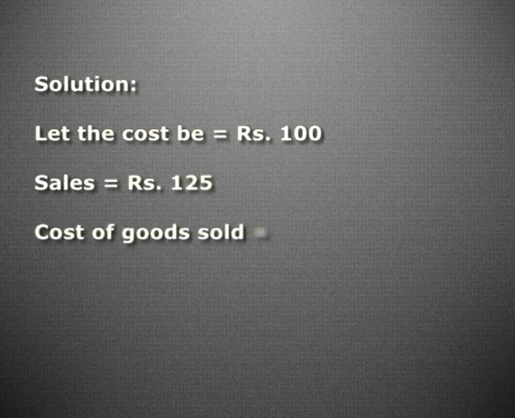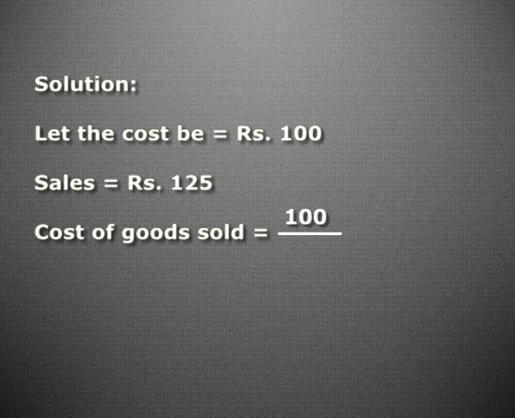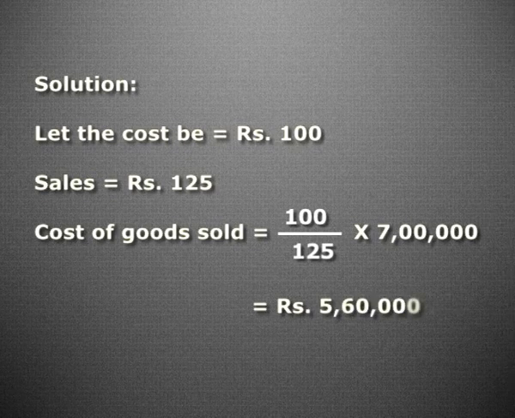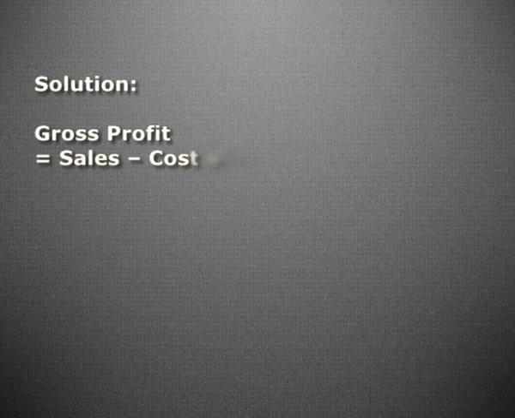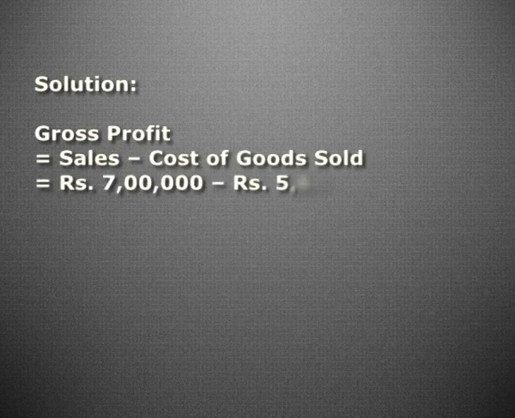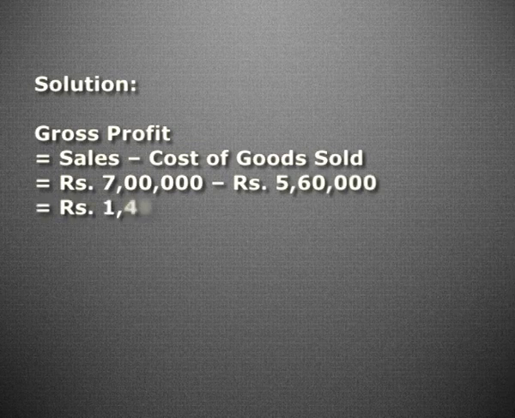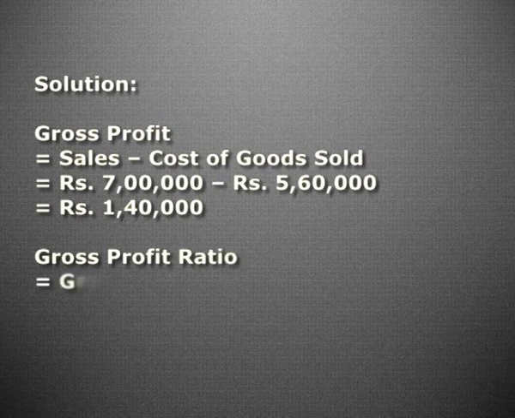Cost of goods sold is equals to 100 divided by 125 into 7 lakhs is equals to Rs 5,60,000. Gross profit is equals to sales minus cost of goods sold is equals to Rs 7 lakhs minus Rs 5,60,000 is equals to Rs 1,40,000.